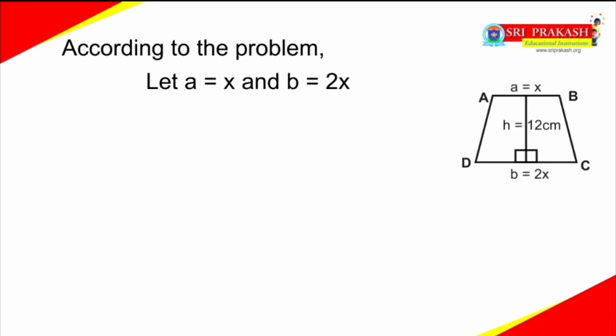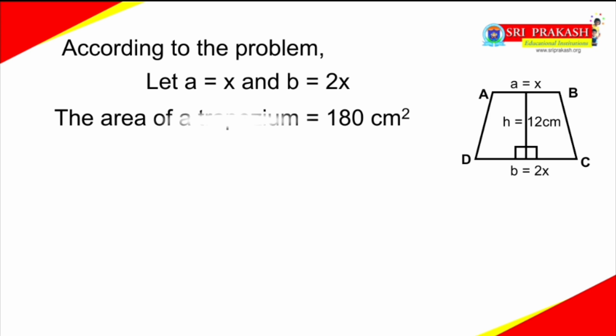Now let us take its formula, that is half into h into a plus b is equal to 180. Now let us substitute the values of a, b and h in this formula.